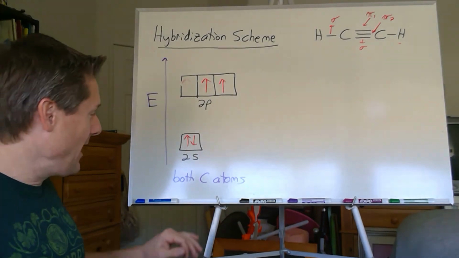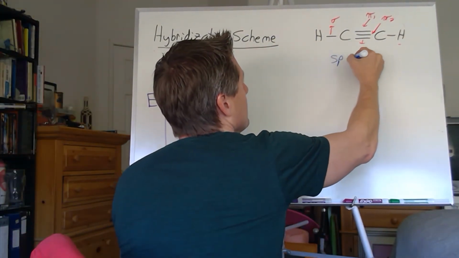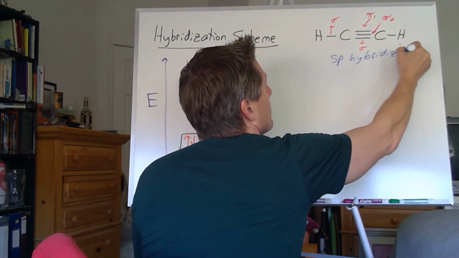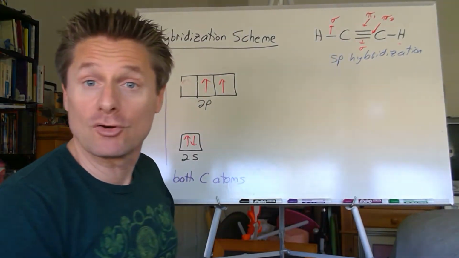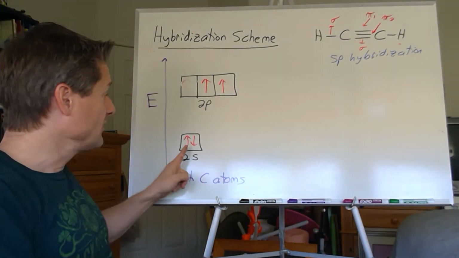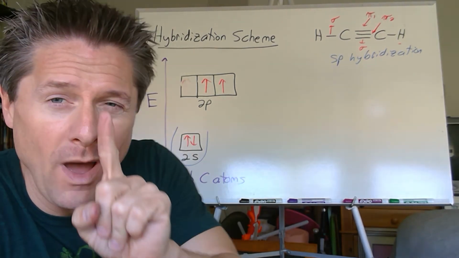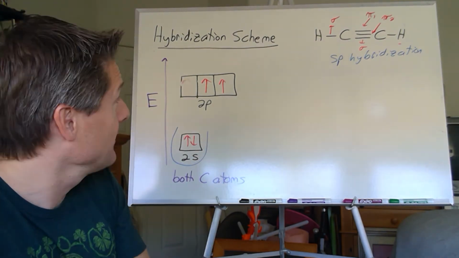All right, so we need sp hybridization, and that is because, again, we have 2 electron groups. Is that correct? So we need the s. We're only hybridizing one of the p orbitals. Which one should we take?